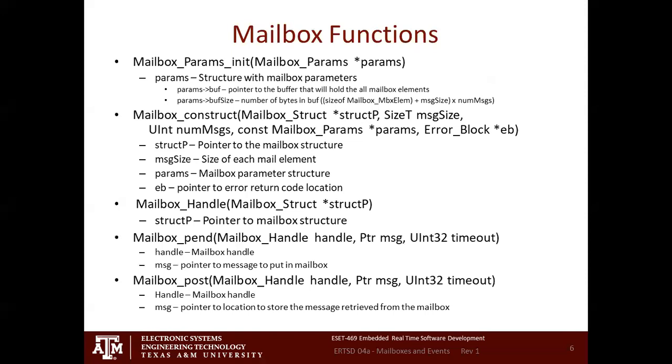A lot of these kernel calls have this last parameter, EB, that we normally just make a null. But if you make it a pointer to a word-sized value, and an error happens when you make that call, then you can go out and actually read that value and go searching through all the operating documentation to tell you what your mistake was.